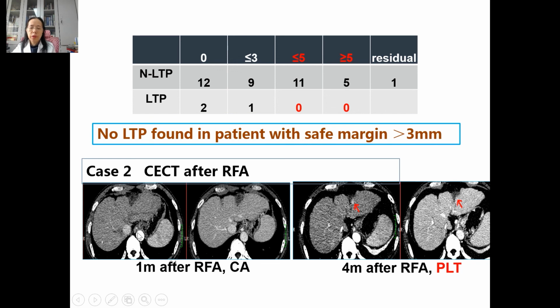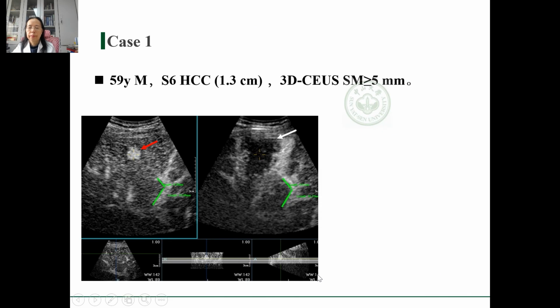Here is the patient. You can see here is the ablation zone. The safety margin is not good enough, and 4 months later, recurrence occurred. In this case 1, the tumor ablation zone is big enough.